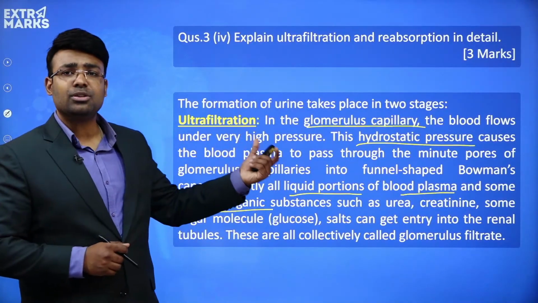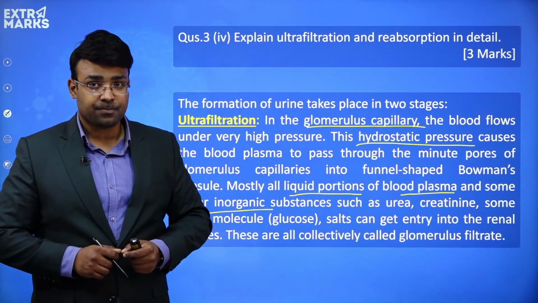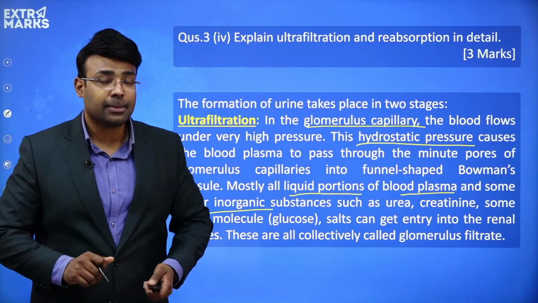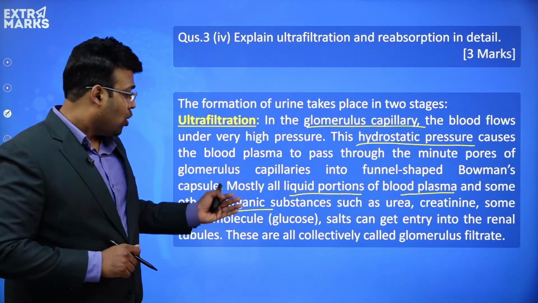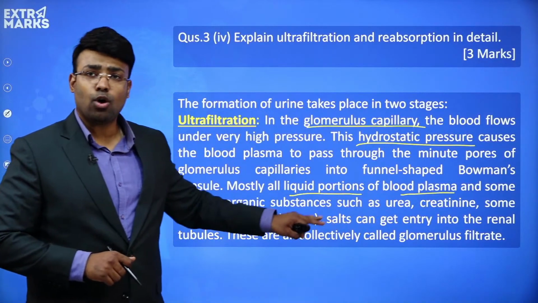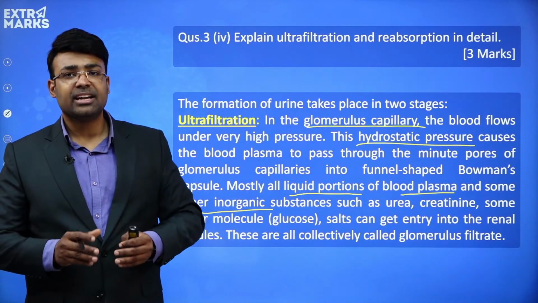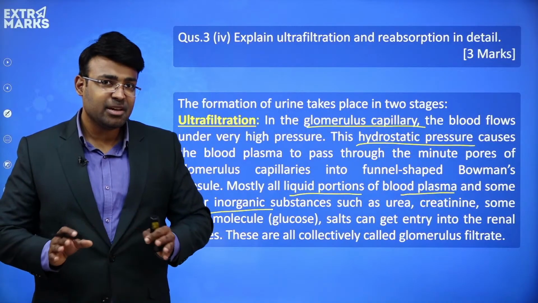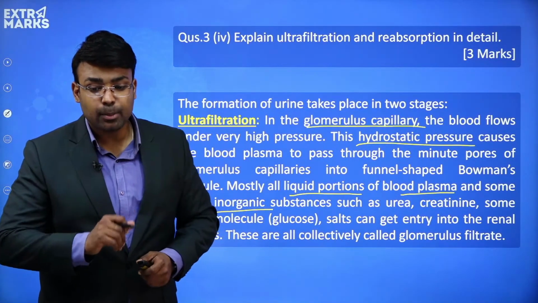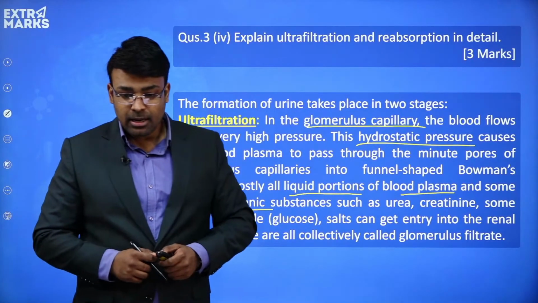So this is about ultrafiltration, meaning filtering of the urea. See, the ultimate aim is to filter the urea. Now all these things, glucose, salts, creatinine, water, although they get filtered, aren't they important to the body? Yes, they are very important to the body. Okay.